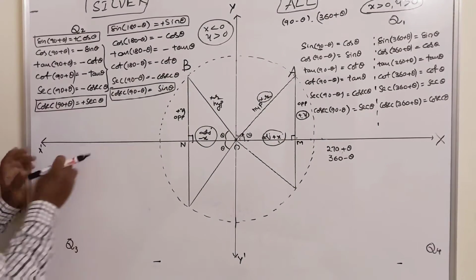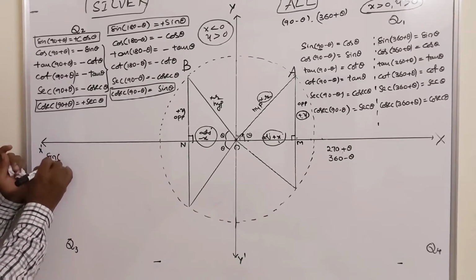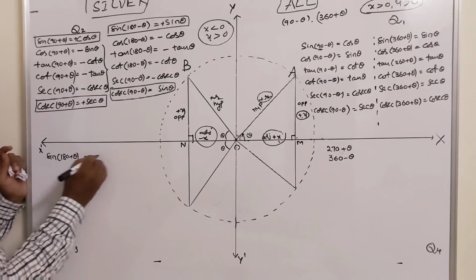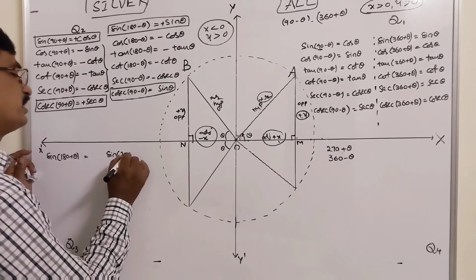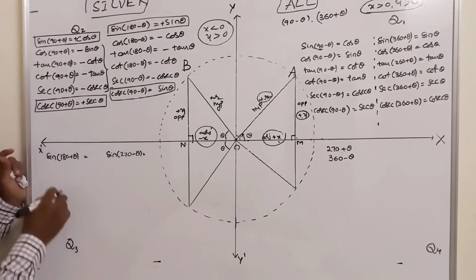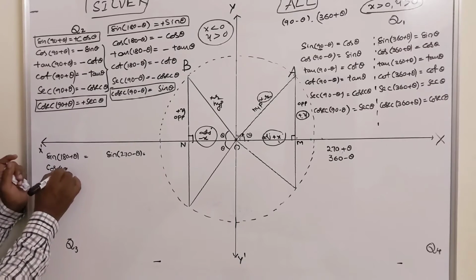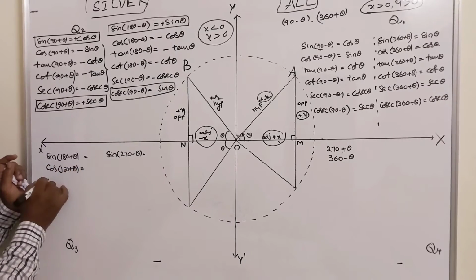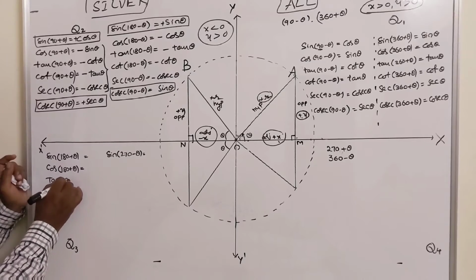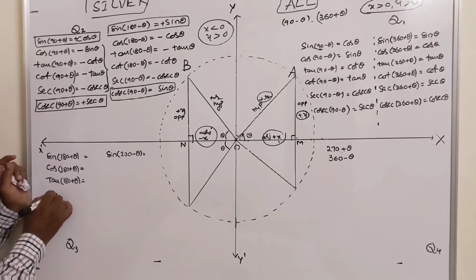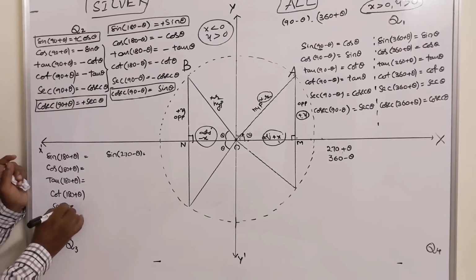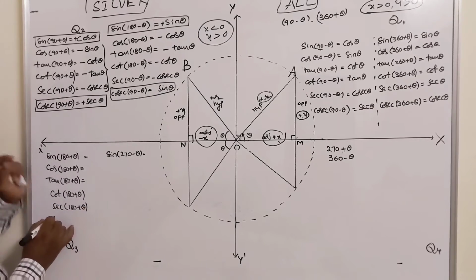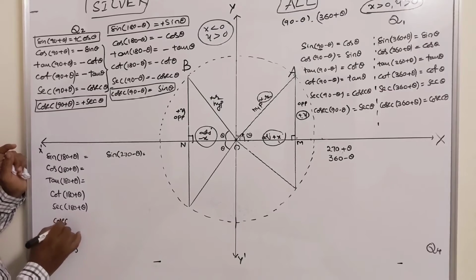So here sine of 180 plus theta and sine of 270 minus theta. Cos of 180 plus theta, tan of 180 plus theta, cot of 180 plus theta, secant of 180 plus theta, cosecant of 180 plus theta.